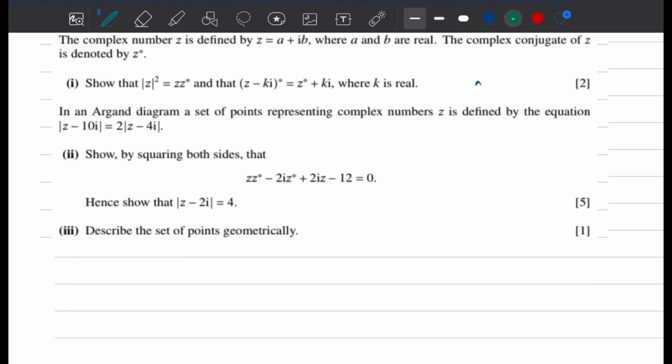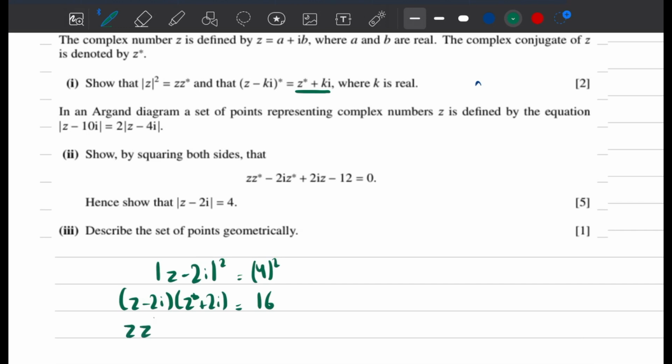So z minus 2I whole square, and if I whole square this 4 square, that's 16. And z minus 2I whole square will become z minus 2I, and the conjugate will become z conjugate plus 2I. Let's multiply. ZZ conjugate minus 2IZ conjugate plus 2IZ minus 4I square is equal to 16.